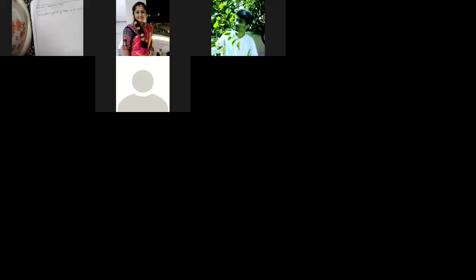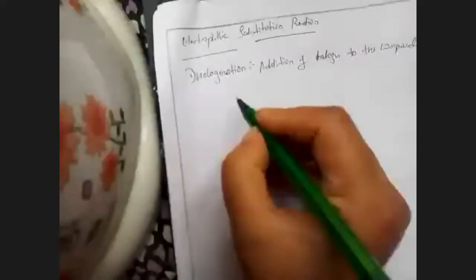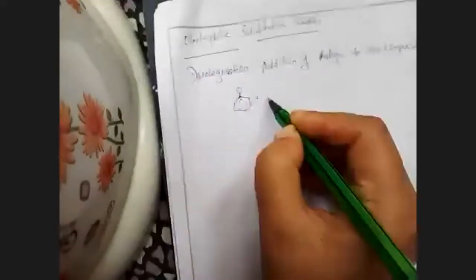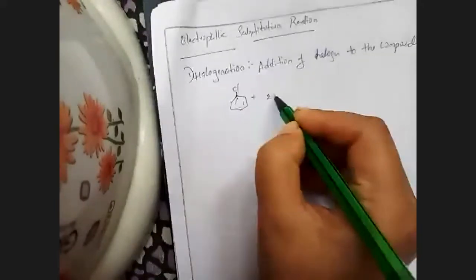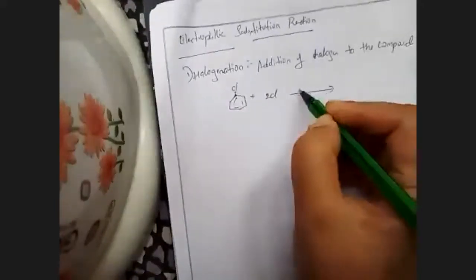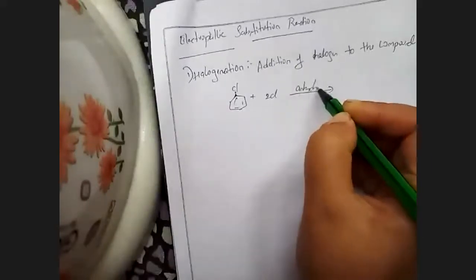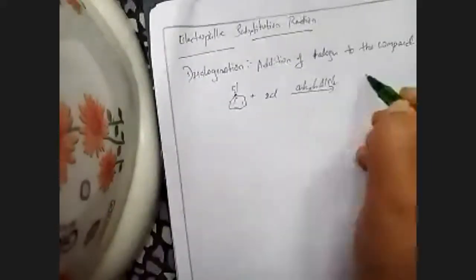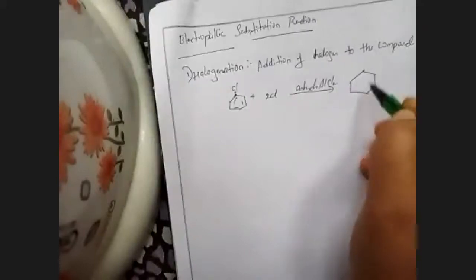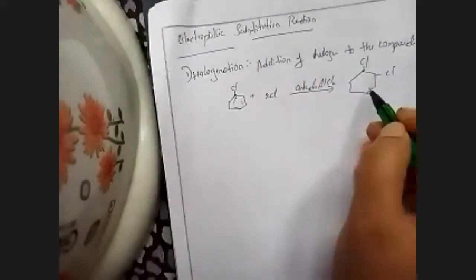Means there will be a presence of one group. So if you are adding a halogen compound to that in the presence of anhydrous aluminium chloride, there will be attachment of two chlorines.